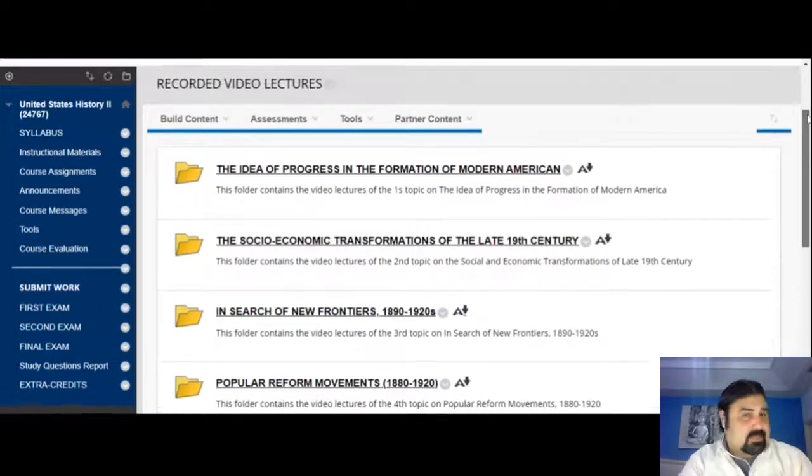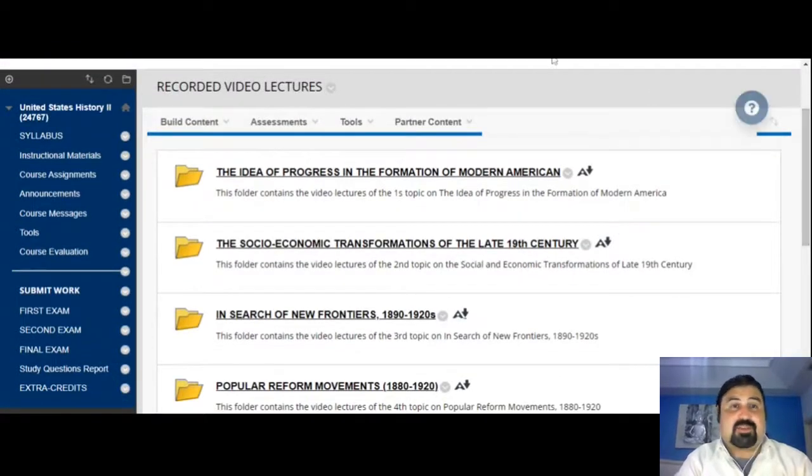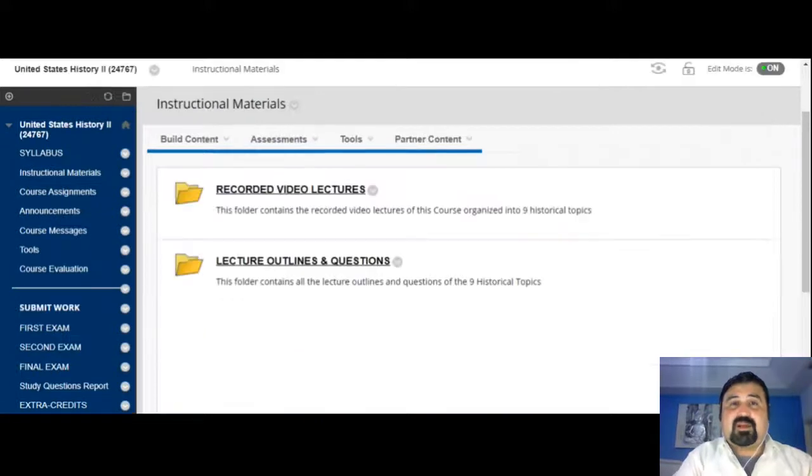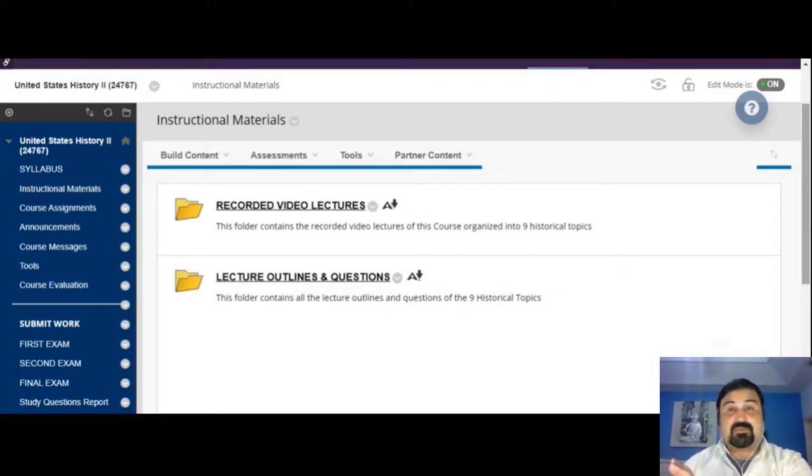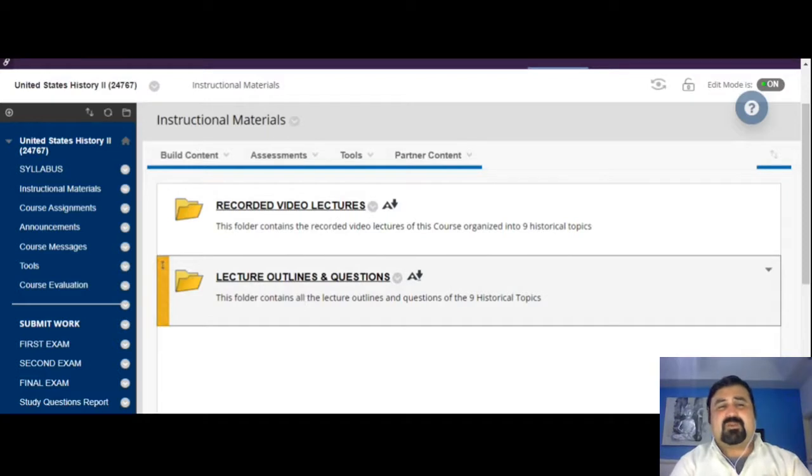Again, this is something that you're going to find under Instructional Materials. Those are the materials of instruction. That is to say, one folder contains all of the recorded video lectures, as I just indicated, and the other folder is titled Lecture Outlines and Questions.